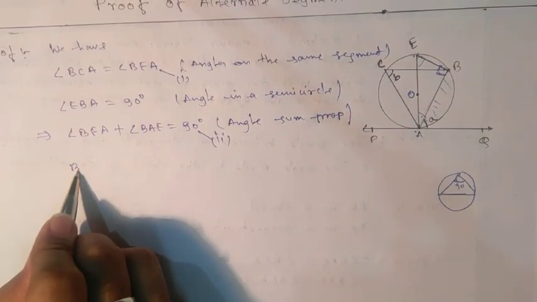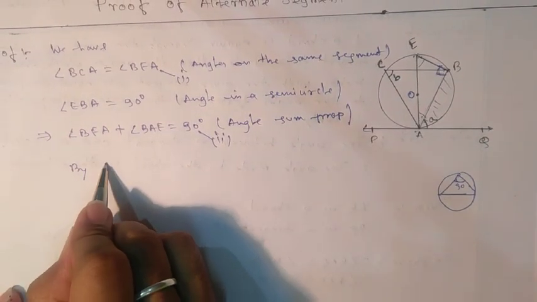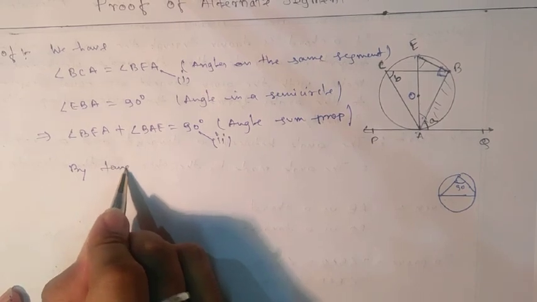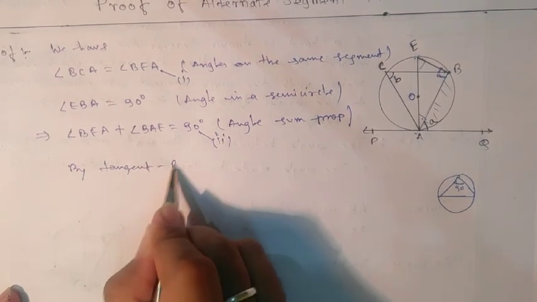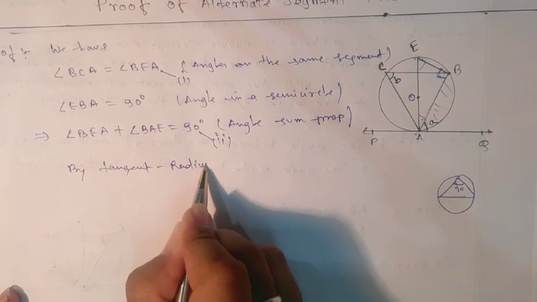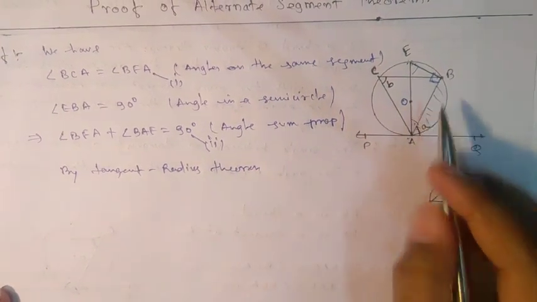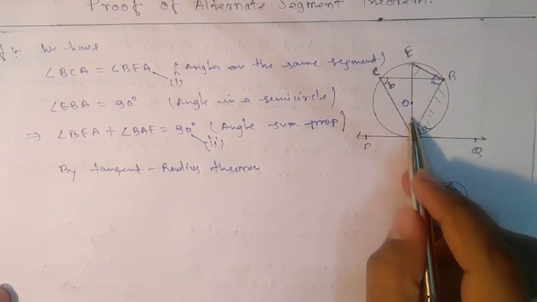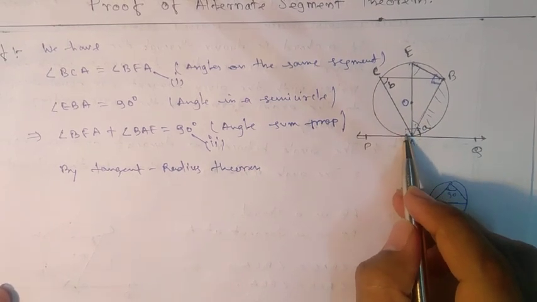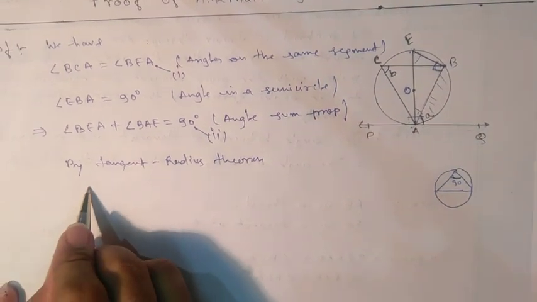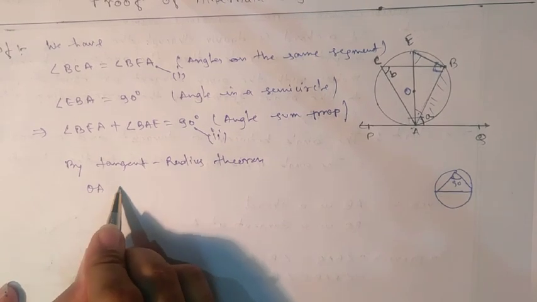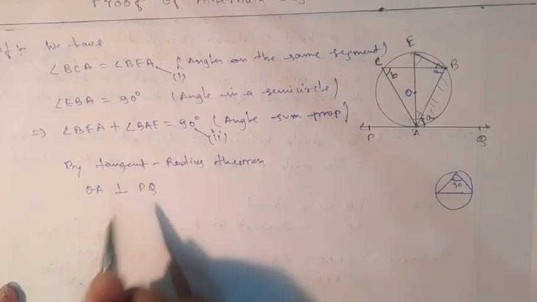This is number 2. Now remember the tangent-radius theorem. That means the tangent is perpendicular to the radius, so the angle will be 90 degrees. By the tangent-radius theorem, OA is perpendicular to PQ.